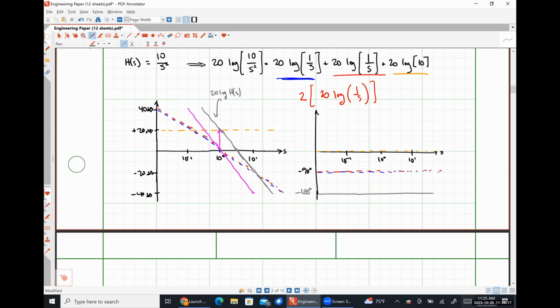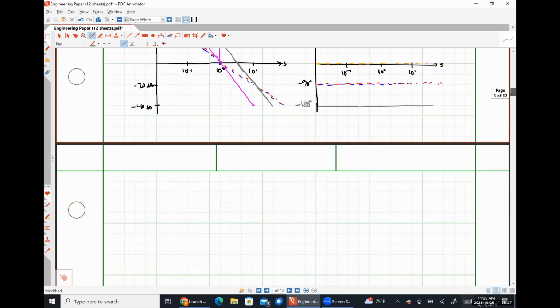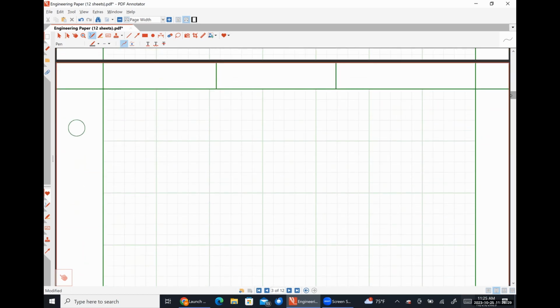Okay, good deal. So now let's look at a 0 at the origin. So our transfer function in this case would just be S, but I'm going to be lazy and put it in terms of things that I already know.